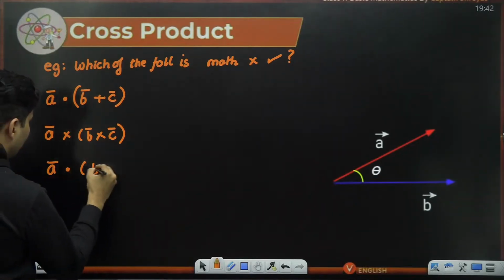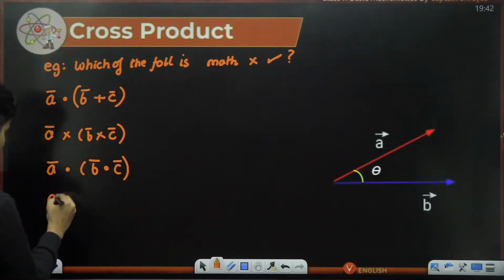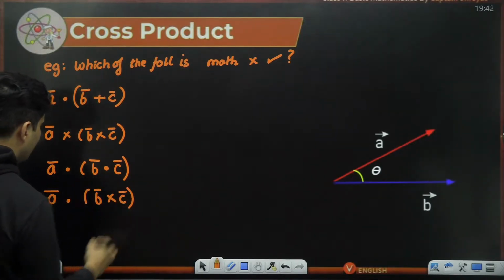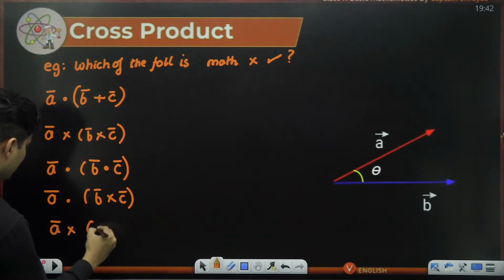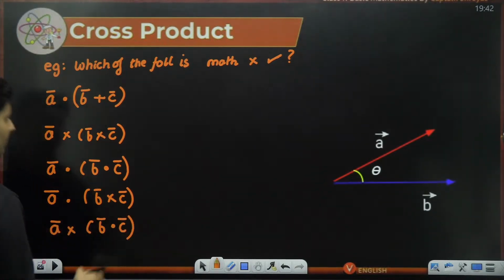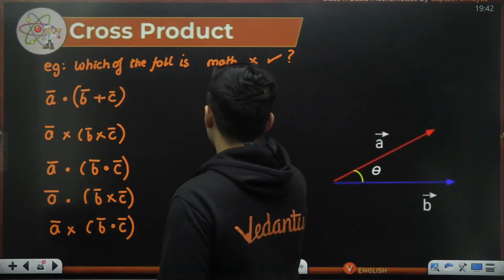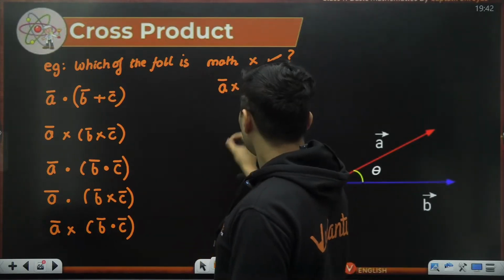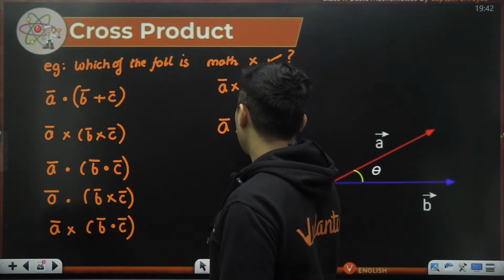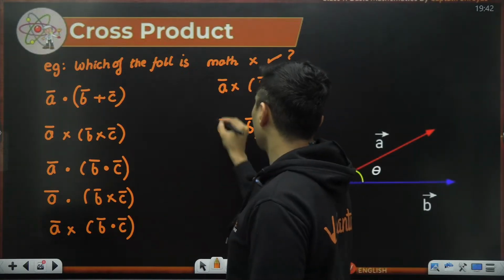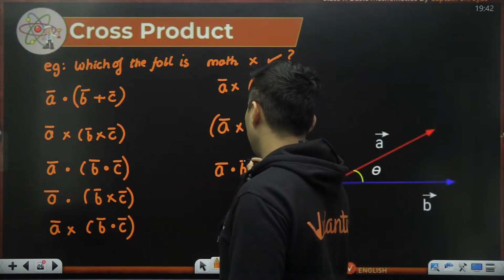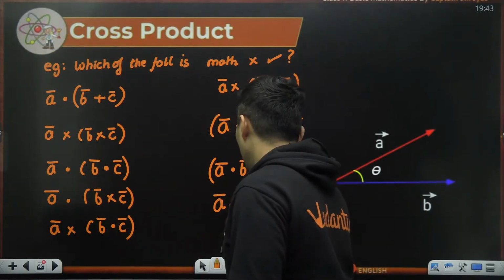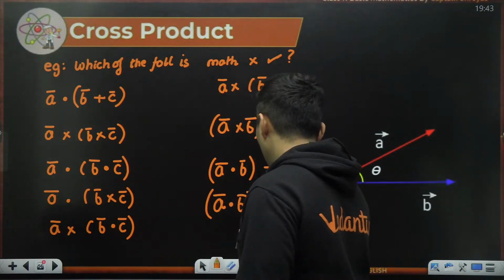A dot B dot C. A dot B cross C. A cross B dot C. A cross B cross C. A cross B plus C. A dot B plus C. A dot B times B bar.